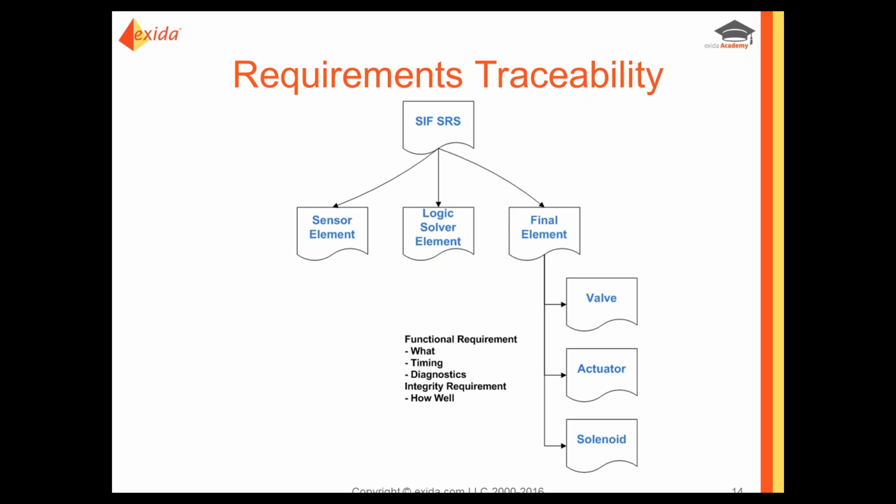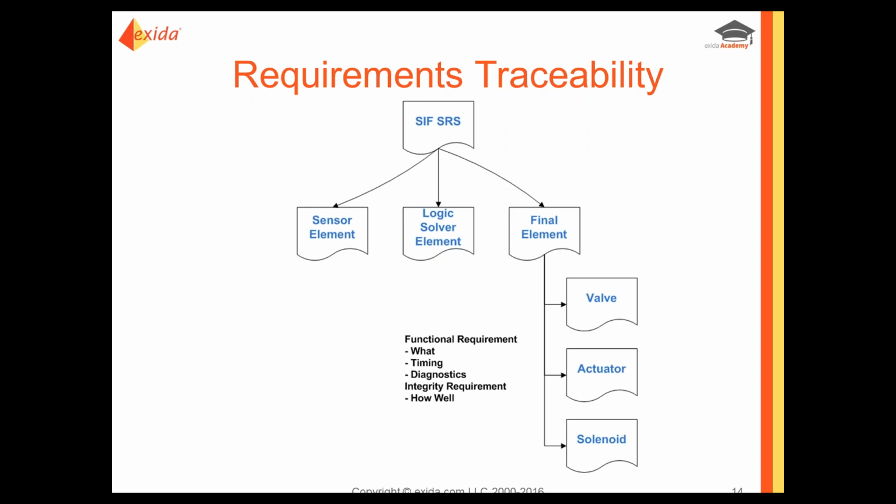In addition to making sure we have included all the parts that are necessary, we need to be able to show requirements traceability down through the design of the safety instrumented function and then to the specific devices and the final elements. So, of course, if it's a safety instrumented system, there'll be a safety instrumented function SRS that describes what the function needs to do.